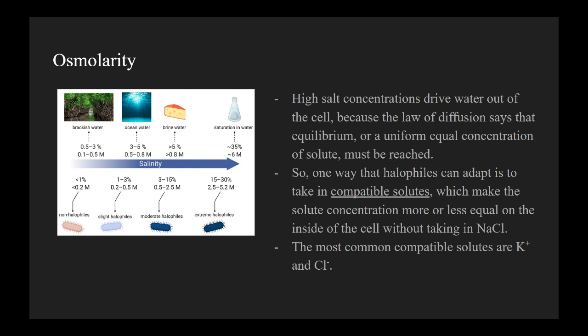But instead of taking salt inside, what they can do is use potassium ions and chloride ions. It's like they're taking in salt without actually taking in NaCl. They're taking in something very similar in chemical composition, yet it doesn't damage the cells as much, because if you just take in a bunch of salt, that'll mess with all your proteins inside.